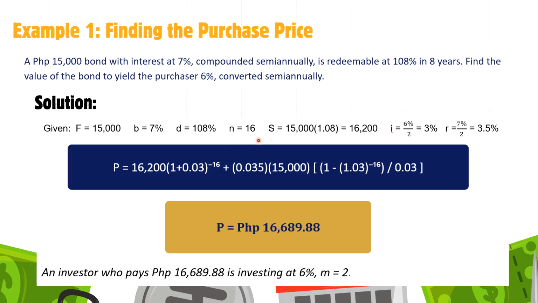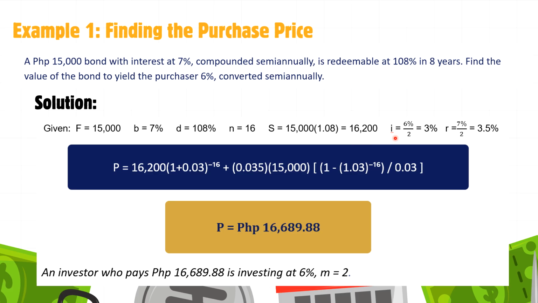So S, or the redemption value, is equal to 15,000 multiplied by 1.08, or 108%, and that would be equal to 16,200.